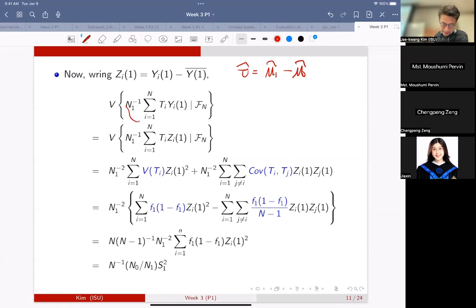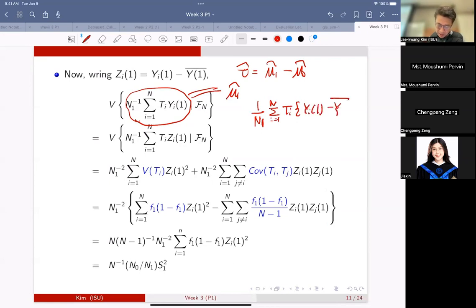So the first equality is we just subtract y bar 1 from each Yi, which gives minus 1 times y bar 1.